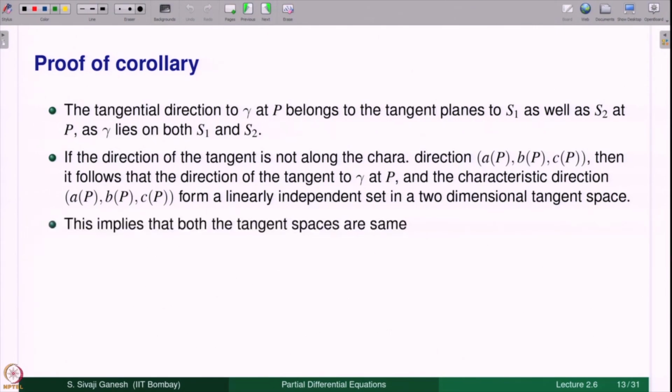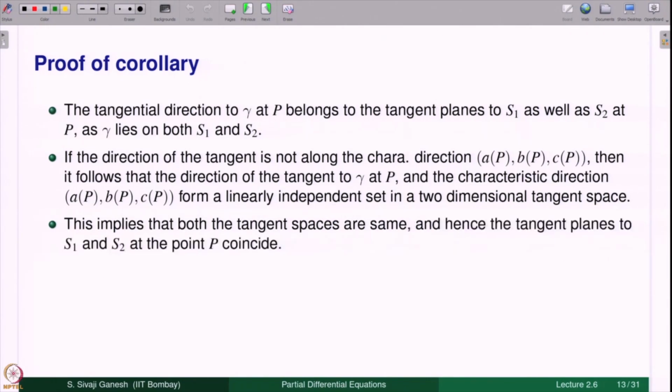This implies that both the tangent spaces are the same. All the directions in the tangent planes for both S1 and S2 at the point P are the same, and hence tangent planes coincide, which means they touch each other.